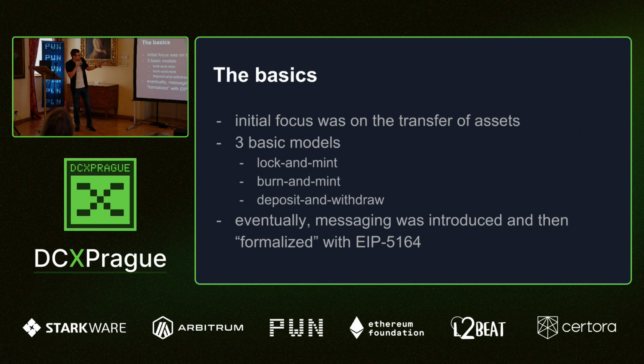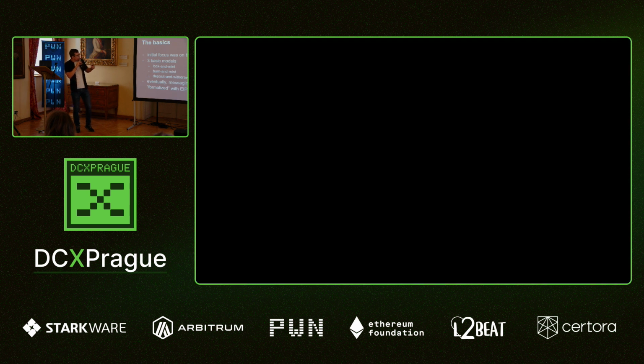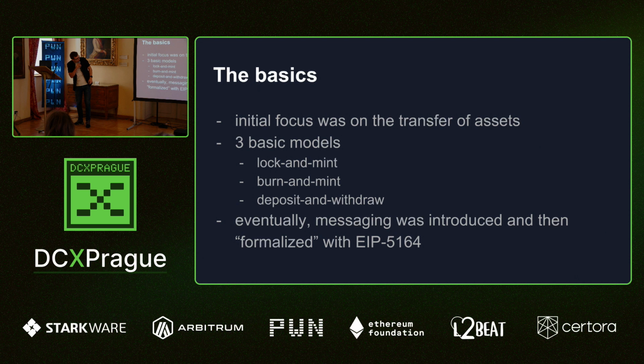The third model is deposit and withdraw. It's probably the most widely used one nowadays. I called it deposit and withdraw because it uses liquidity pools. It uses a liquidity pool on the source chain, and it uses a liquidity pool on the destination chain.